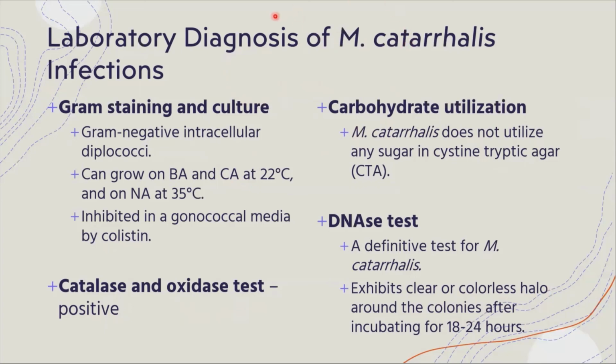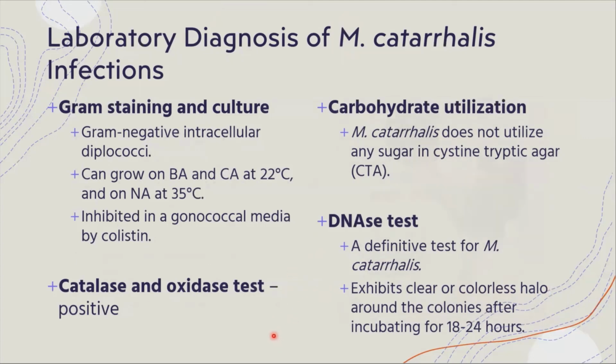Kasi yung mga pathogenic Neisseria natin, they are utilizers or fermenters of carbohydrates. And one of the definitive tests for your Moraxella catarrhalis is your DNA or the deoxyribonuclease. Kasi ang ating Moraxella catarrhalis is positive for this one, while the pathogenic Neisseria are negative.